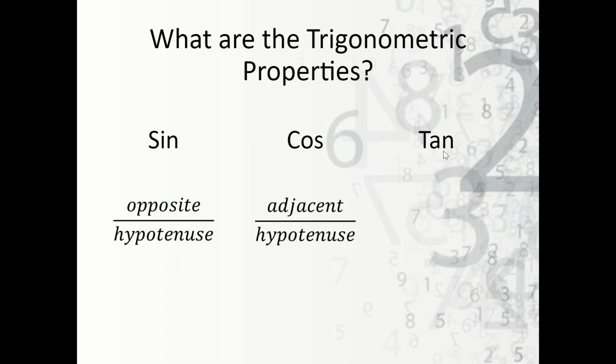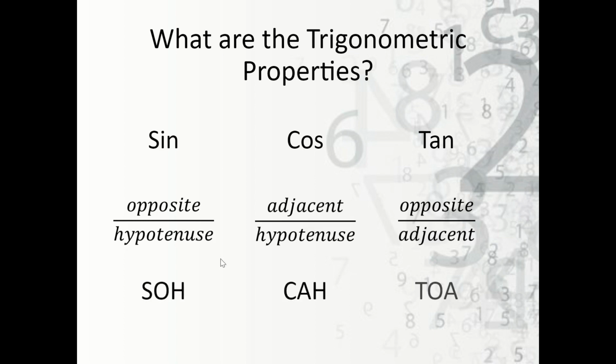Tangent is opposite over adjacent, the length of the opposite side over the length of the adjacent side. The way we can remember this is SOHCAHTOA. SOH is sine equals opposite over hypotenuse. CAH is cosine equals adjacent over hypotenuse. And TOA is tangent equals opposite over adjacent.